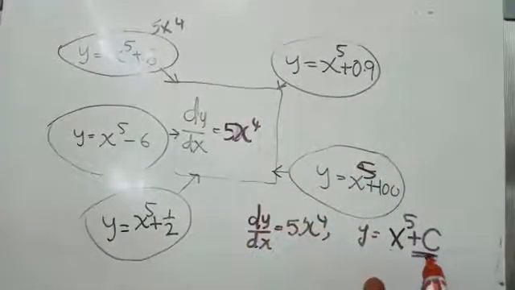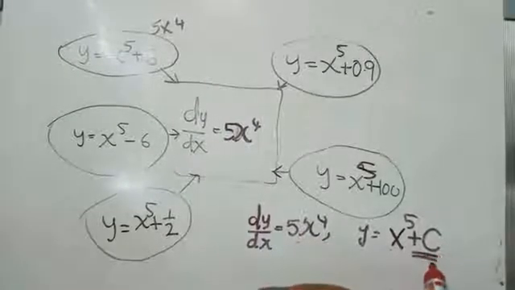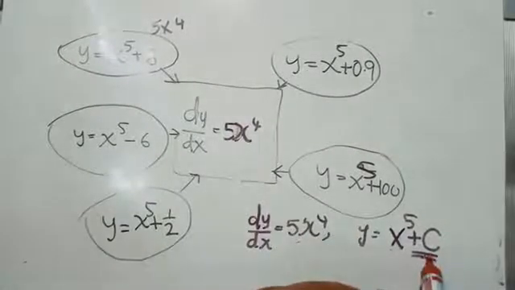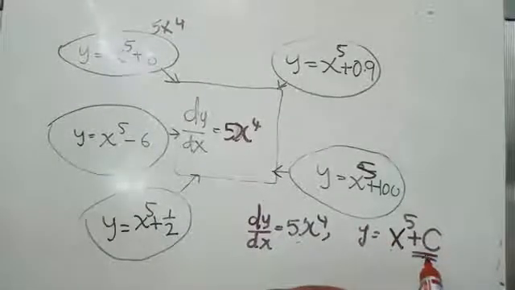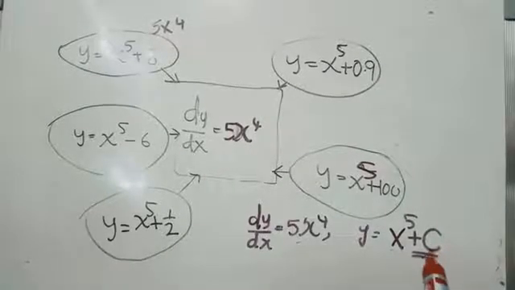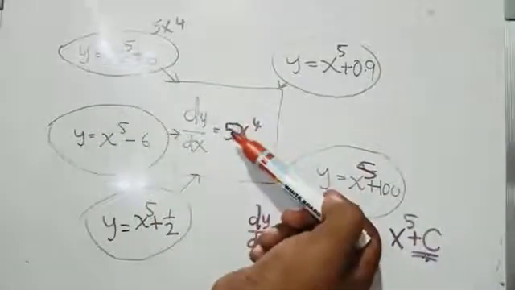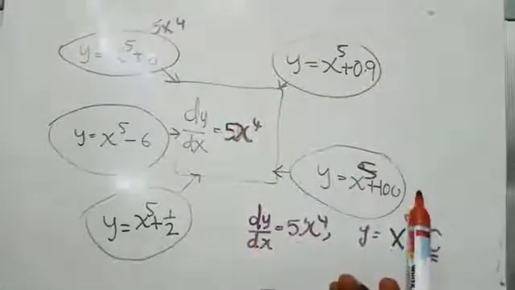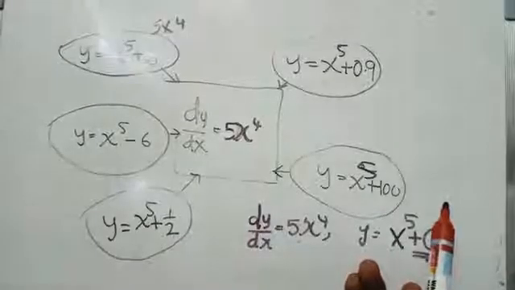There is a constant. In differentiation, that constant doesn't matter, but in integration, that constant matters because that is also a part of y. Okay, so clearly differentiation is the change of y to dy by dx, and integration can be called anti-differentiation. So what is integration? It is anti-differentiation.